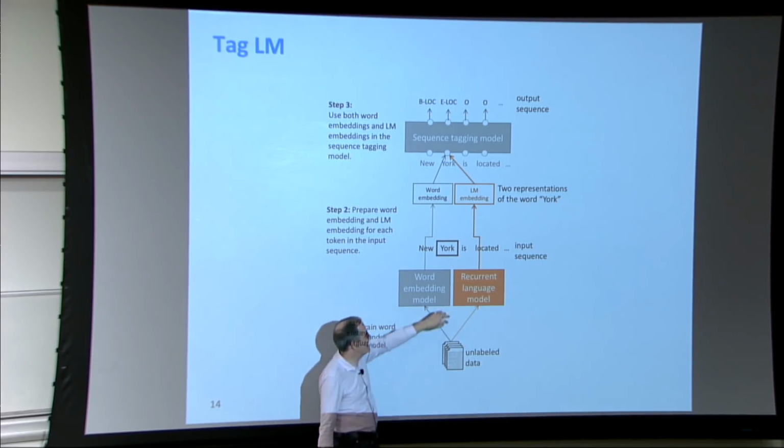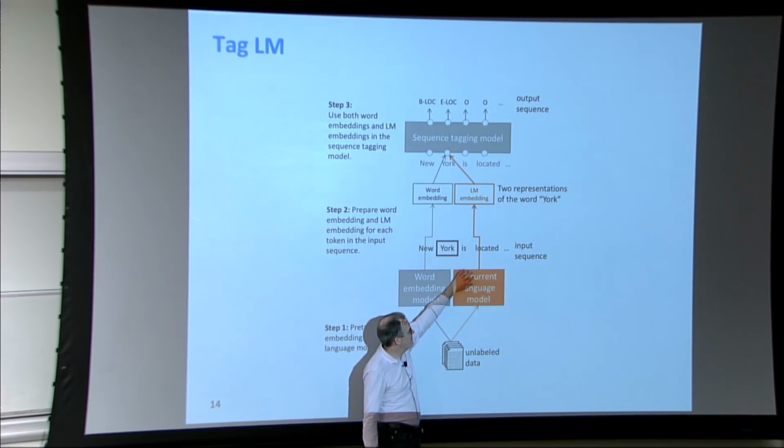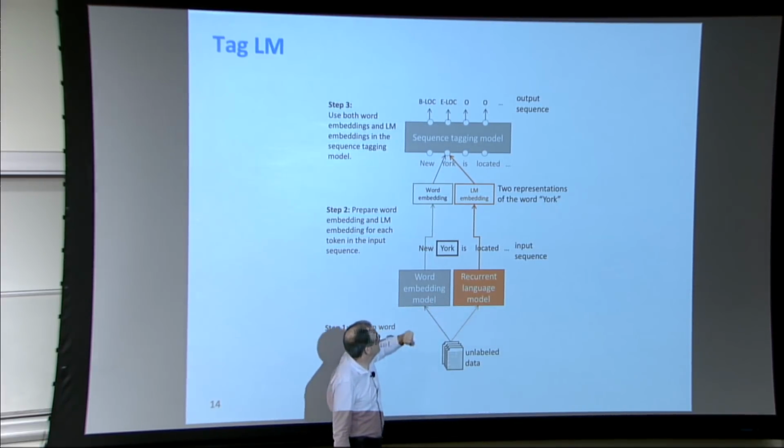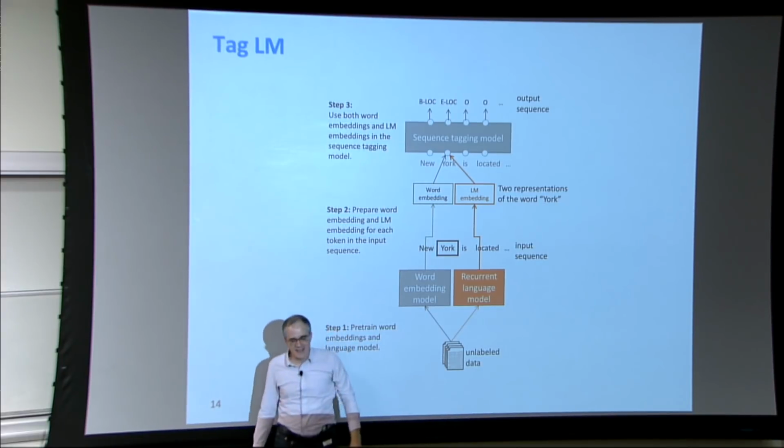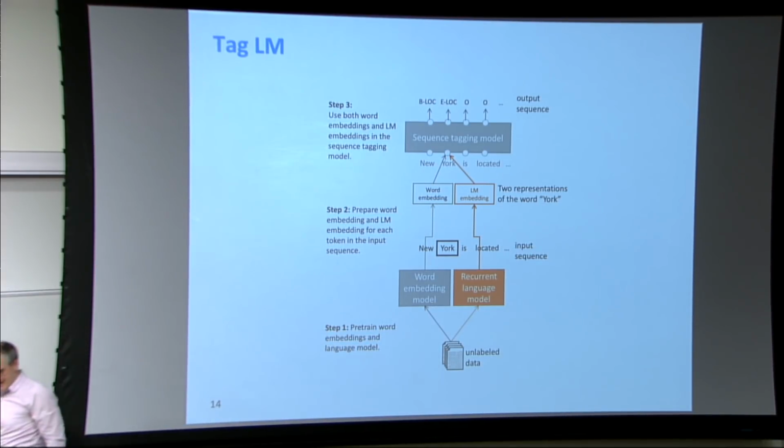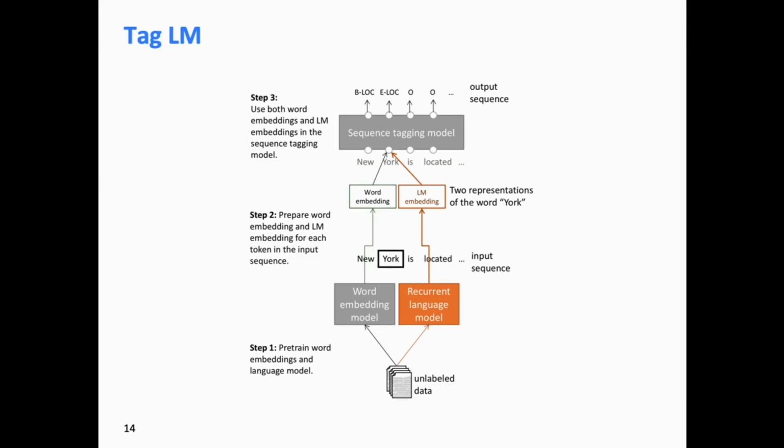Then we'll generate hidden states in our biLSTM language model, and we can also feed those in as features into our sequence tagging model, and those features will let it work better.